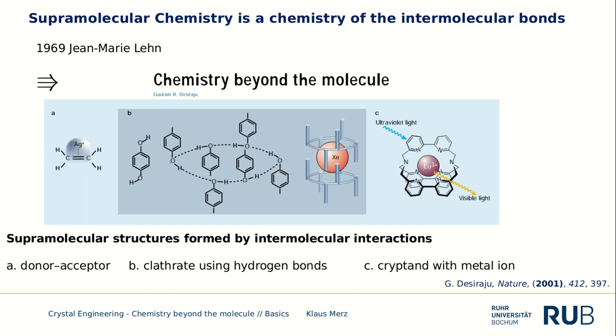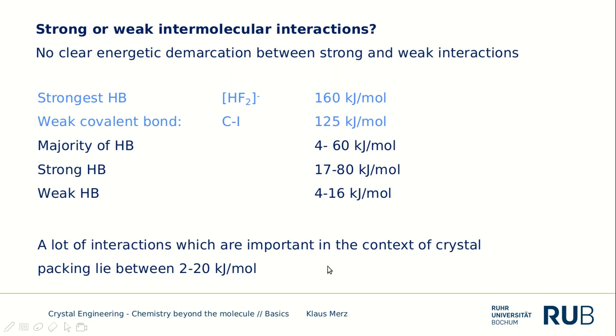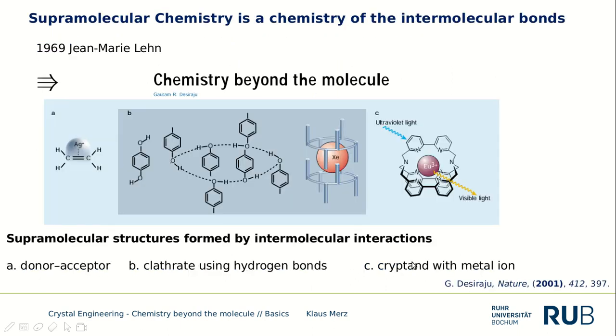Supramolecular chemistry is a chemistry of intermolecular bonds. This was a sentence by Jean-Marie Lehn, Nobel Prize winner, 1969. Supramolecular chemistry is a chemistry of intermolecular bonds. This is a chemistry of these weak intermolecular interactions.